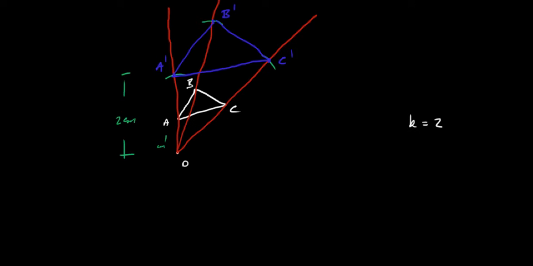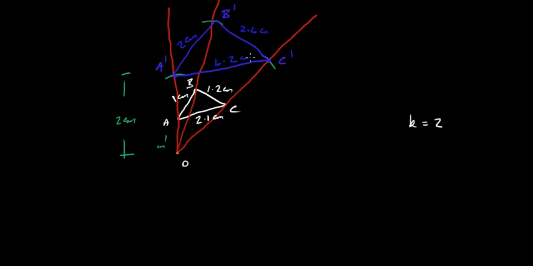Let's say this was 1 centimeter, this was 1.2 centimeters, and this was 2.1 centimeters. Well, what you'll find is that the equivalent lengths up here will be doubled. So this here will be 2 centimeters, this side here will be 2.4 centimeters, and this side here will be 4.2 centimeters.